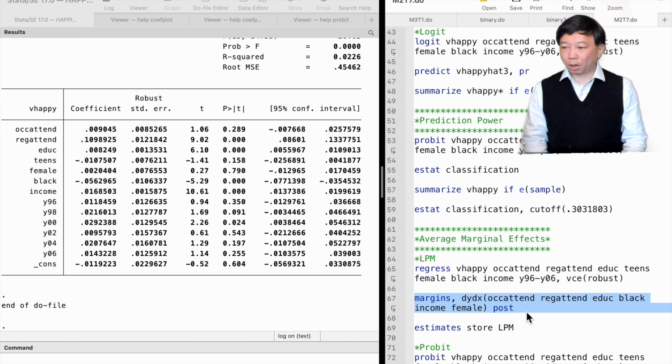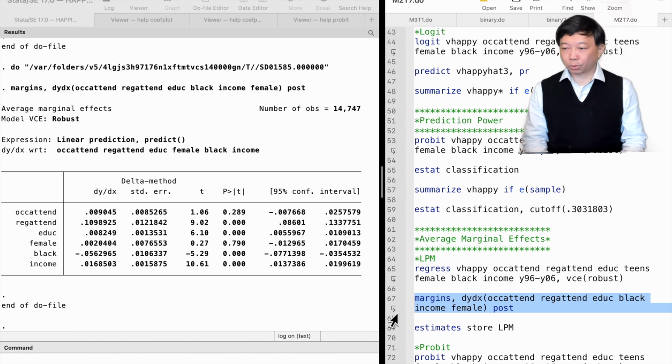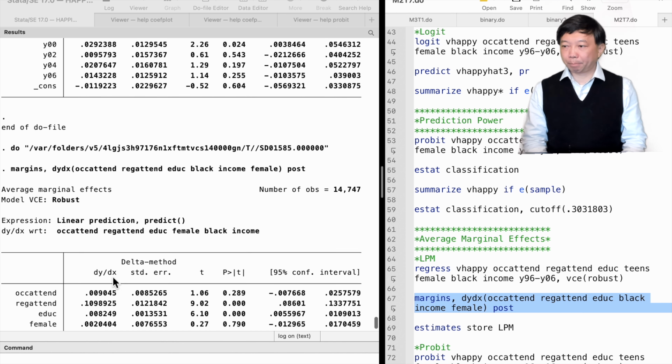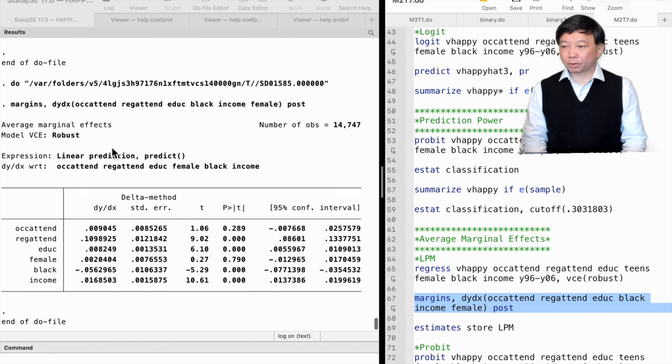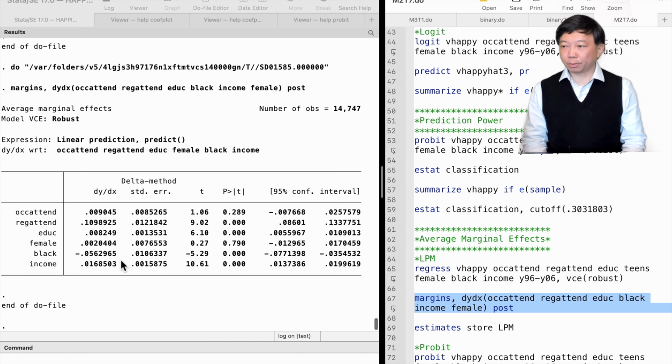The post option allows us to post the margins as estimation results and store the results with the estimates store command. In the linear probability model, the average marginal effects are the same for each observation, and they are the same as the coefficient estimates.